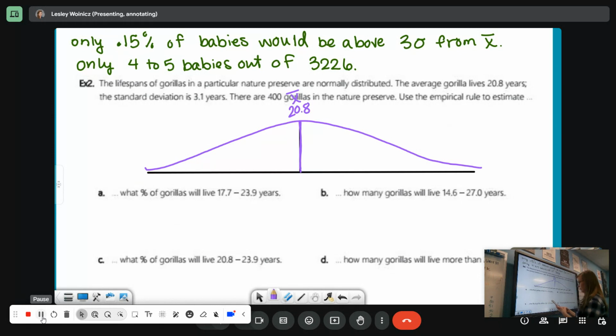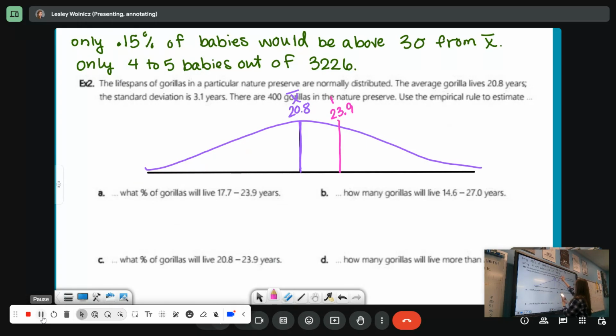I'm doing 20.8 plus 3.1, and I got 23.9. So plus 1 standard deviation is 23.9.